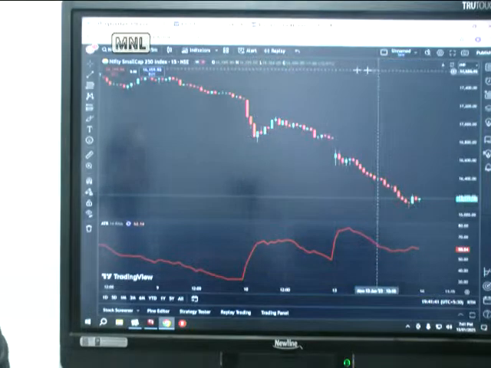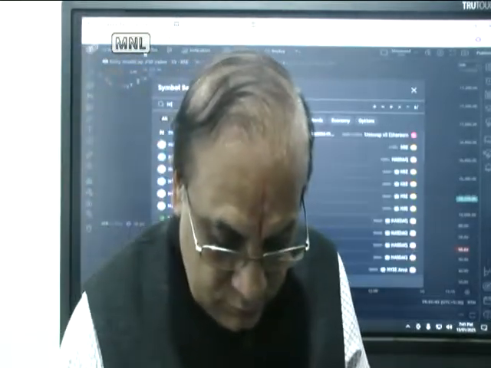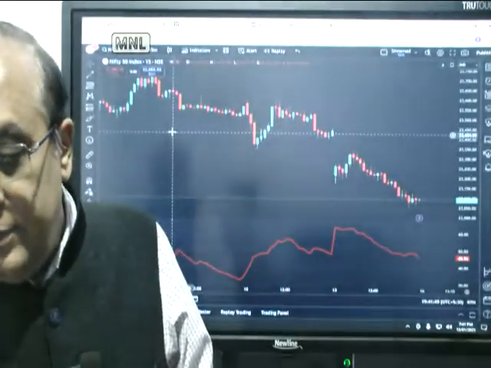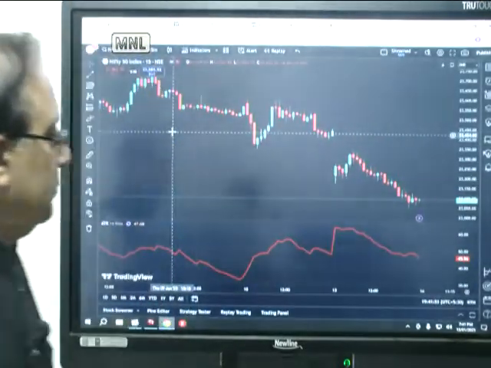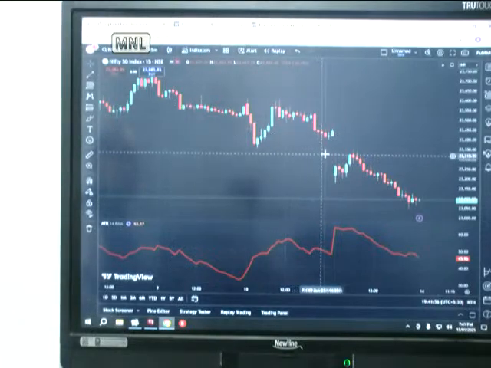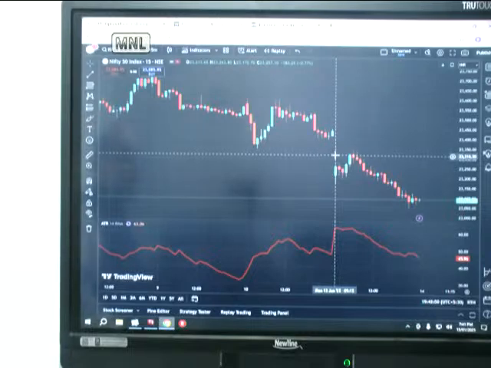Okay. Now let's look at Nifty. In the 15-minute chart, the ATR times 3 is 189, approximately 200.